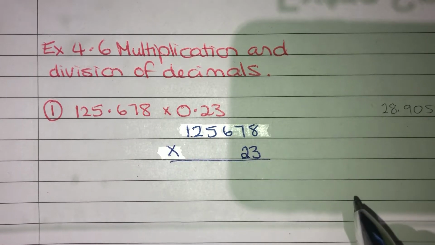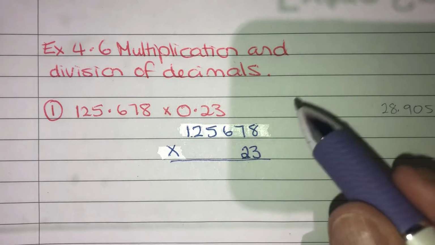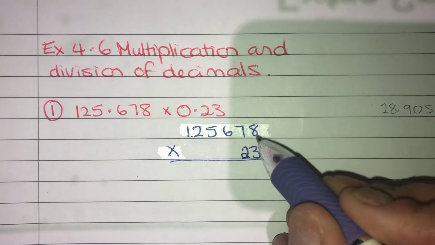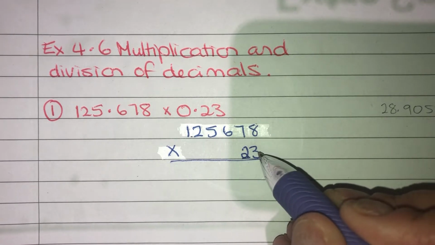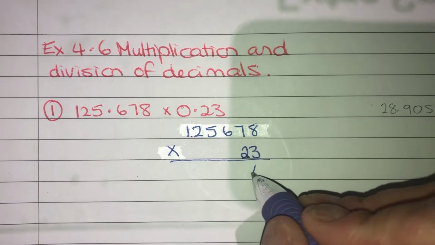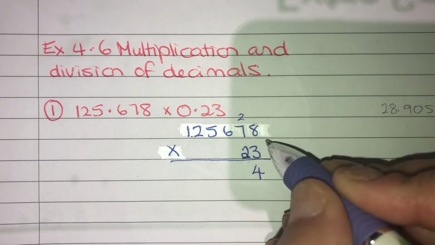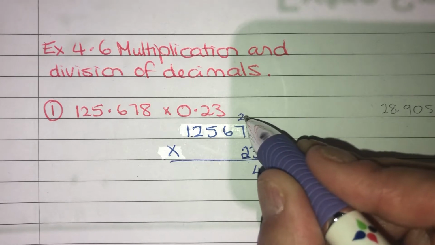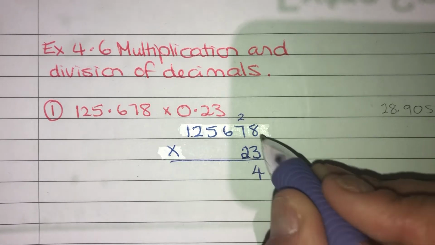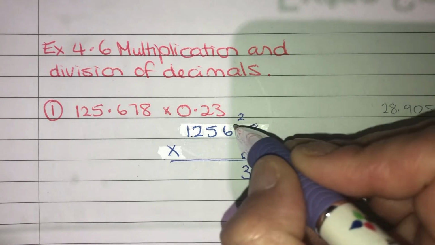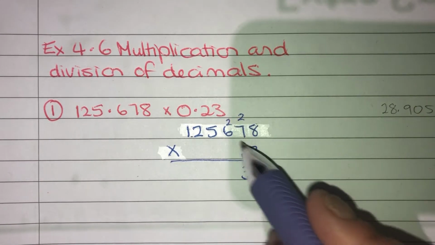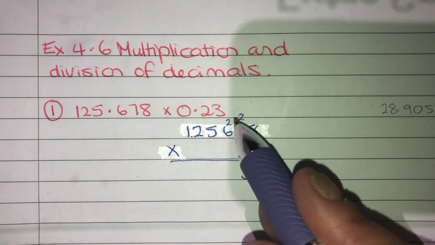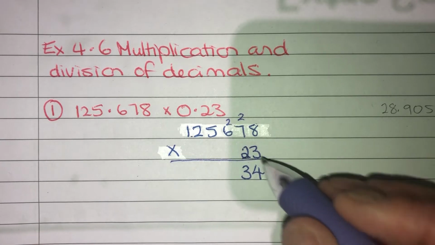And now we're going to multiply like we've done previously. 8 times 3 is 24. So we're going to put down our 4 and carry our 2. 8, 16. 7 3s are 21 plus 2 is 23. Put down the 3, carry the 2. 3 6s are 18 plus 2 is 20.